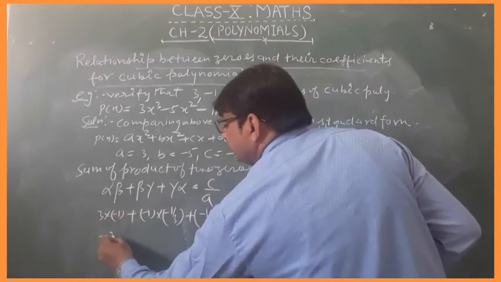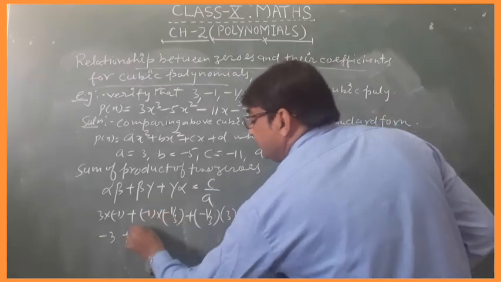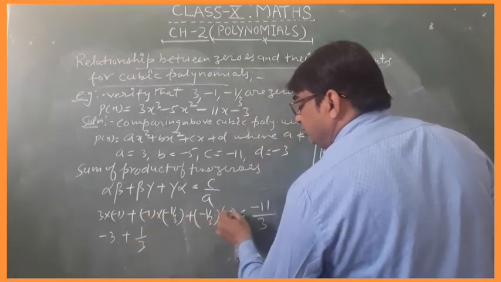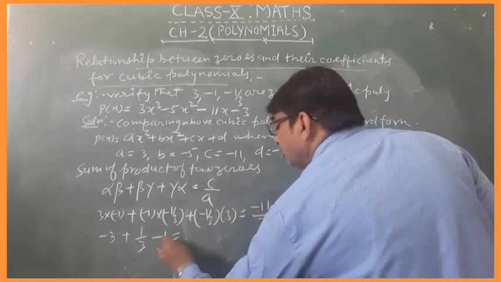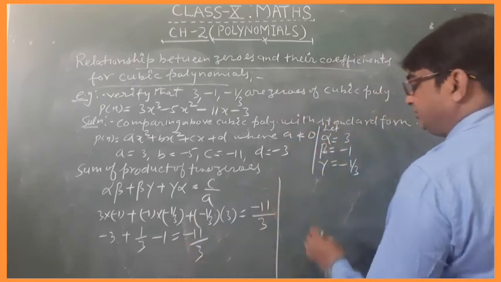3 into minus 1 is minus 3, minus times minus is plus, 1 into 1 by 3, and 1 by 3 and 3, both 3 are cancelled. What is remaining? Minus 1 is equal to minus 11 by 3. Firstly, we take the LCM.